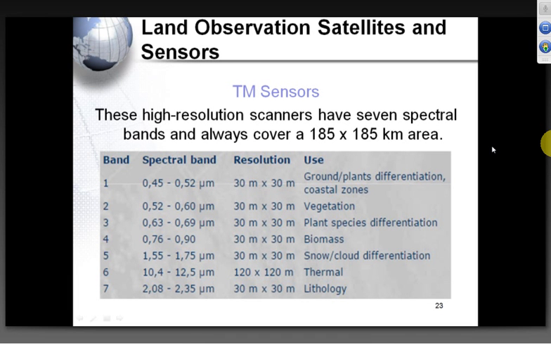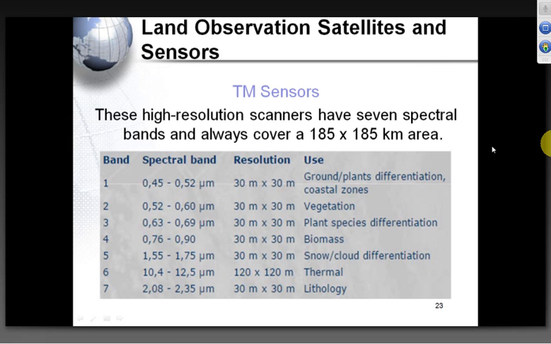Then comes TM sensors. These are high resolution scanners. They have 7 spectral bands as shown in the figure, with corresponding spectral band, resolution and respective use. Band 1 is used in ground plants differentiation and coastal zones.